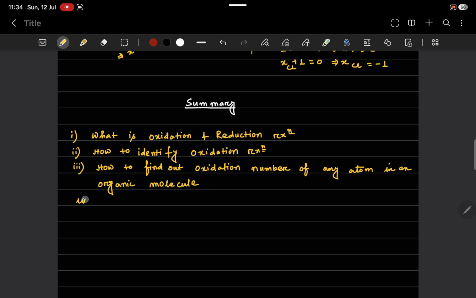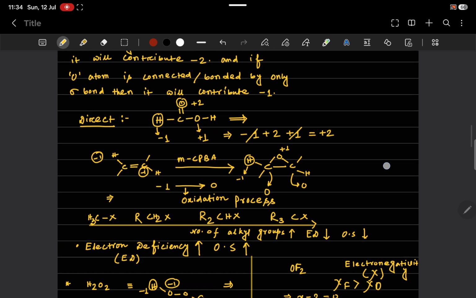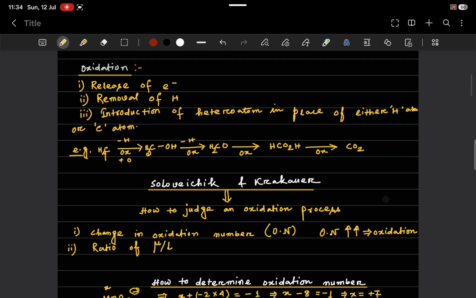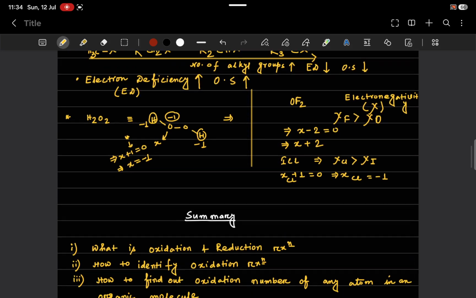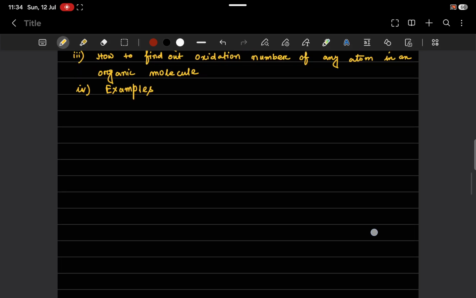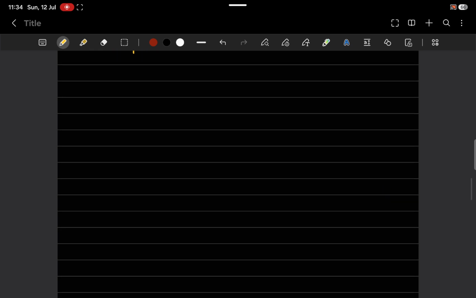Along with that, the last thing is the examples. Up to this, I think everyone has understood all the concepts I have discussed here. So in the next class, I will try to cover some reagents, very basic reagents.